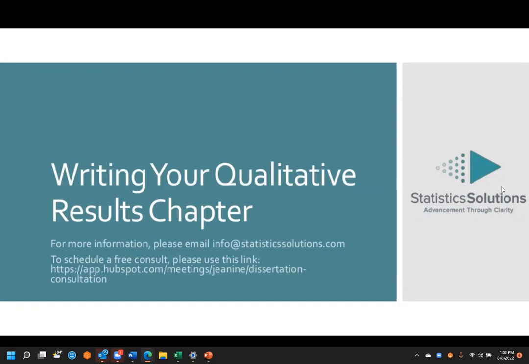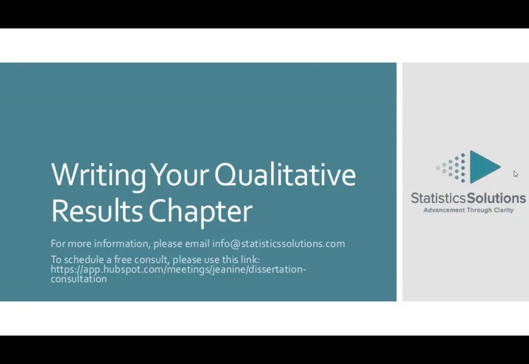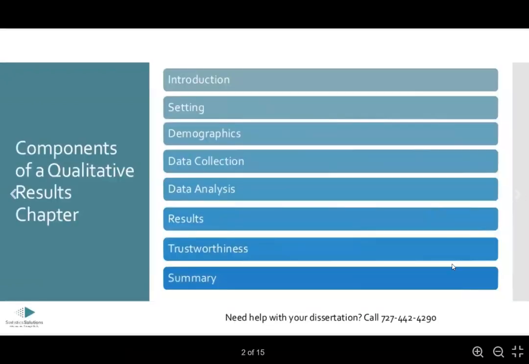All right, so we can go ahead and get started. So this here is a list of the different components that you'll typically see in the qualitative results chapter. I always recommend to students before you start writing, check in with your chair or your reviewers or your program in general and just see if they have a template or a checklist of items that they would like to see in your chapter.